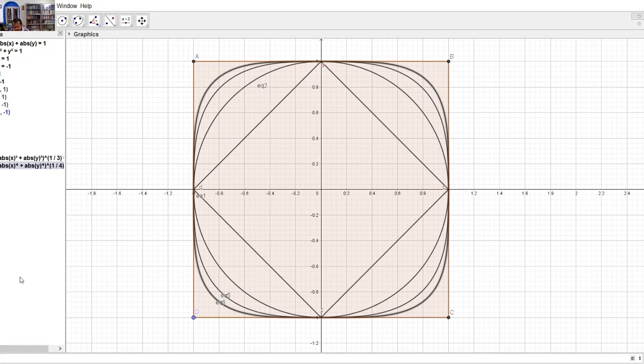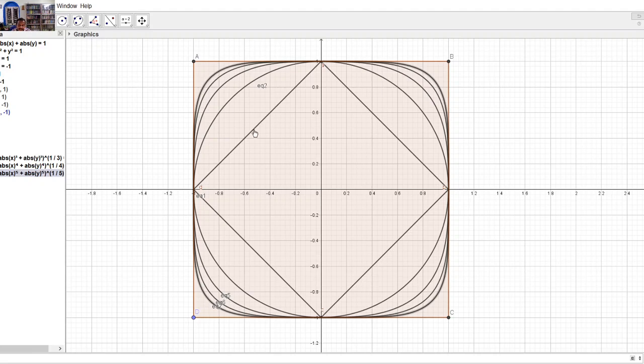Modulus of x raised to 5 plus modulus of y raised to 5, so whole raised to 1 by 5, that is equal to 1. So you can see this one.